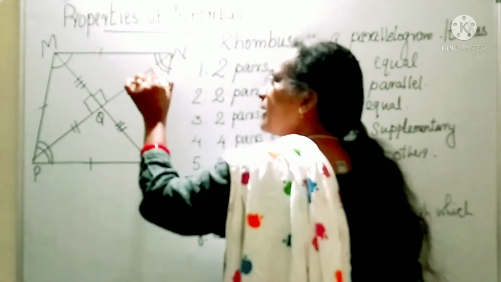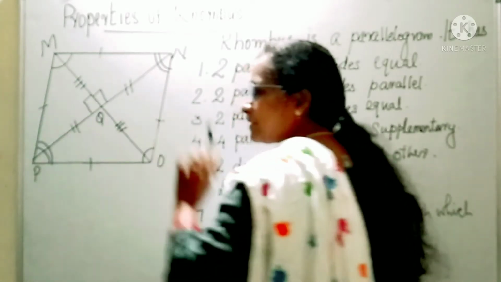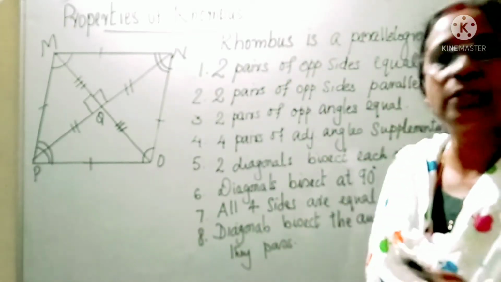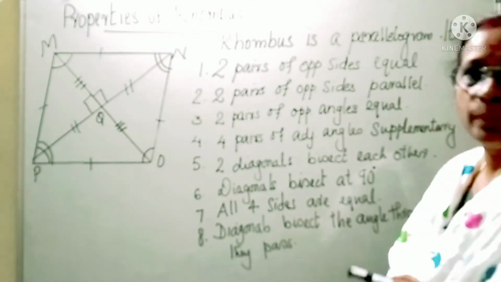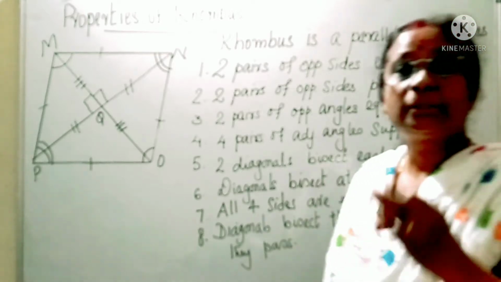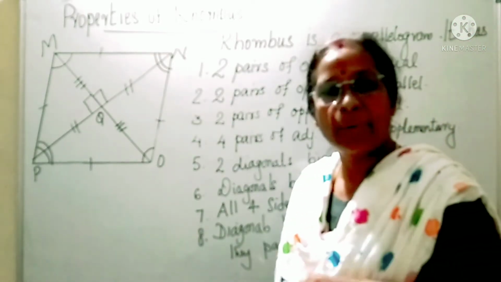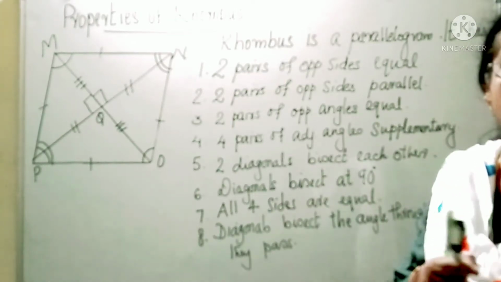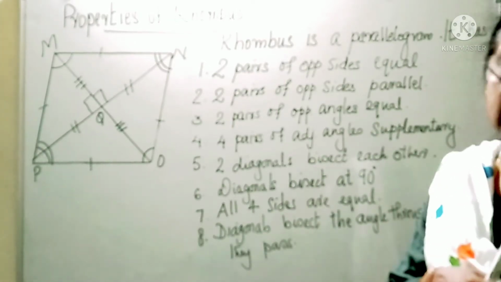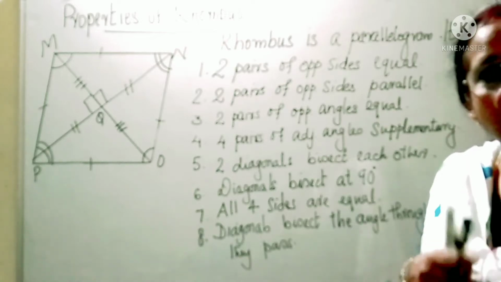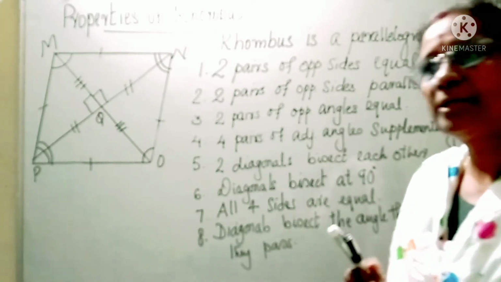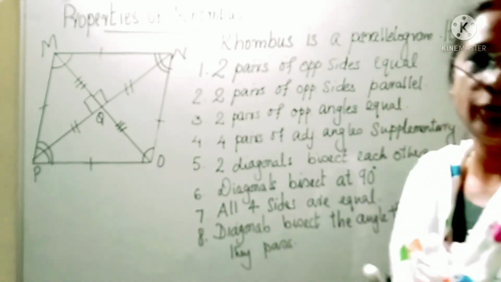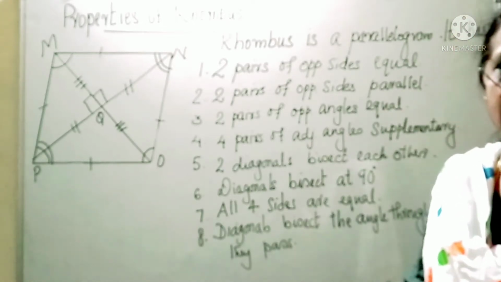Similarly, here these two angles will be equal and these two angles will be equal. So these are the special properties of a rhombus. So a rhombus has three more properties than a parallelogram: all four sides are equal, the diagonals bisect forming 90 degrees, and the diagonals also bisect the angles through which they pass.